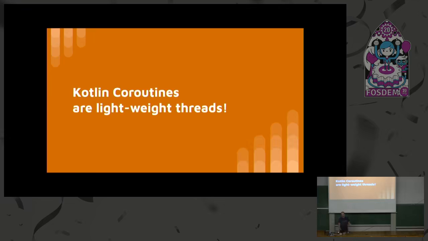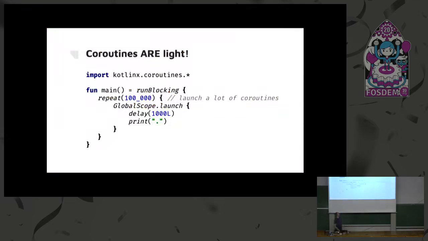They have a very good example that is not very useful in real life, but it looks something like this. You start 100,000 coroutines that just print a little dot after waiting 1 second. If you would do this using threads, your computer would grind to a halt and you'd probably have to reboot it.